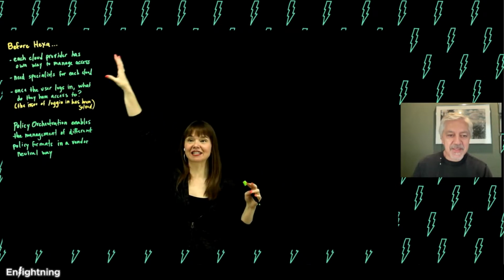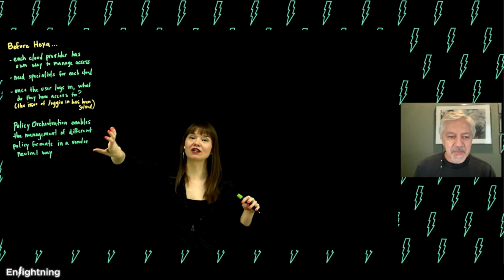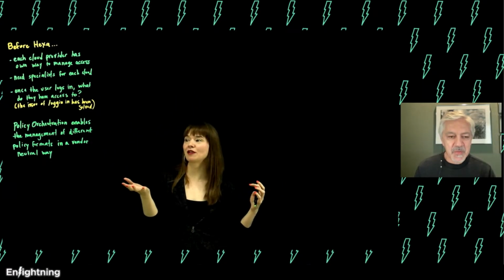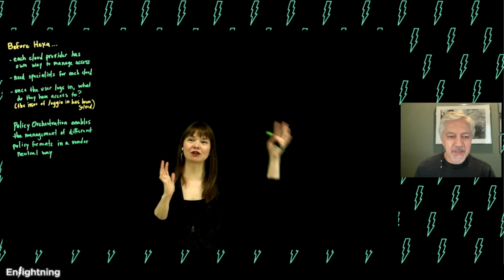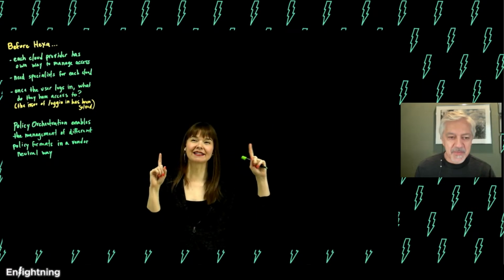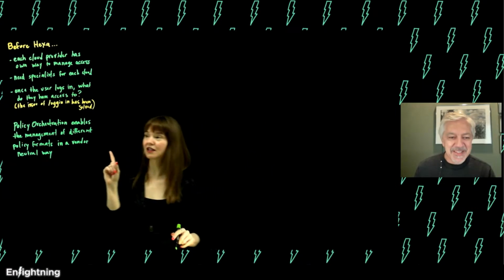Every system has its own way of writing policies, so policy orchestration is a way to centralize the management, or have a unified way, a single way to talk about policies, regardless of what system it's being used in. I like unified, yes.